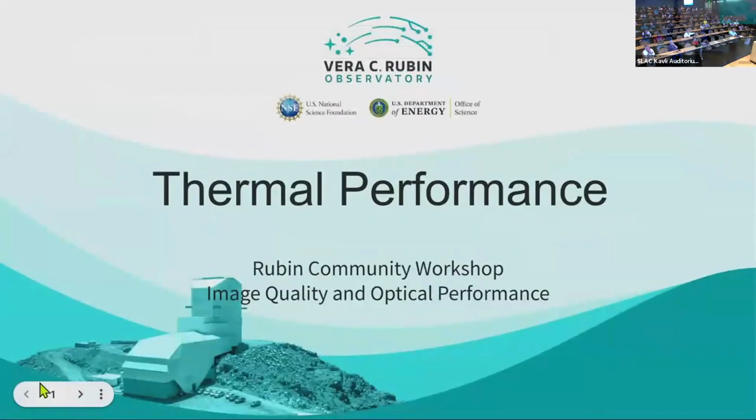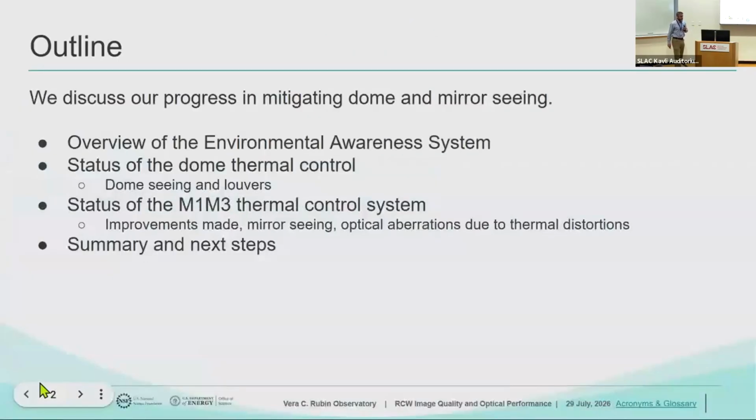Okay, I'm going to talk about some of the engineering efforts that we've made progress on over the last year. I think I can convince you that we made a lot of improvements, and I think it shows in how the AOS is really coming along in its performance. So I'm going to review exactly what this environmental awareness system is about.